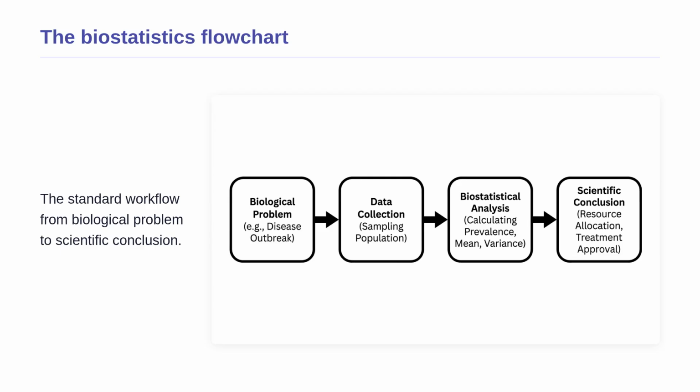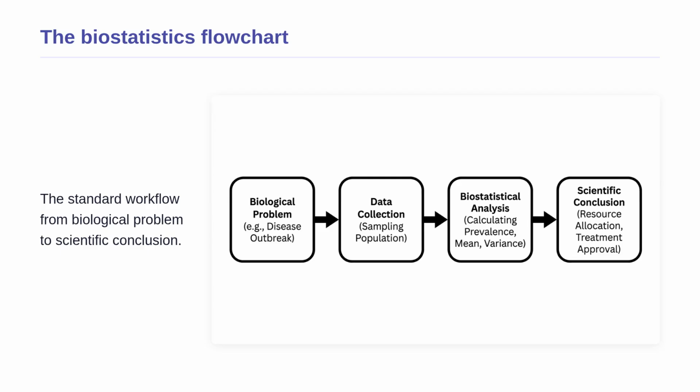The next arrow takes us to biostatistical analysis, where we calculate metrics like prevalence or mean, just as we did in our examples. Finally, the last arrow points to the scientific conclusion, where the analyzed data is used for resource allocation or treatment approval. This diagram perfectly summarizes how raw data becomes actionable knowledge.